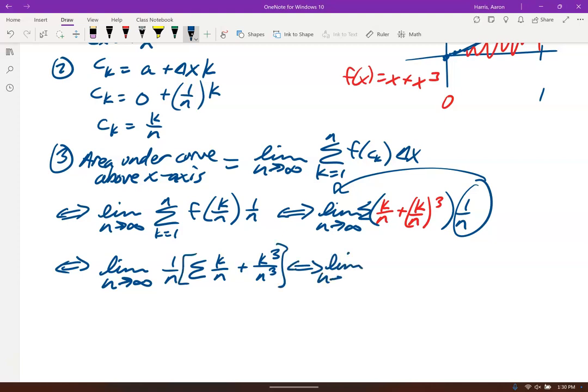So that's limit n goes to infinity, 1 over n. And then let me split this up. So I'll have 1 over n summation of k plus 1 over n cubed summation of k cubed.